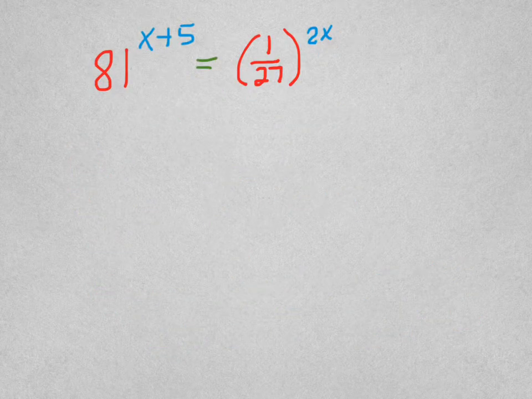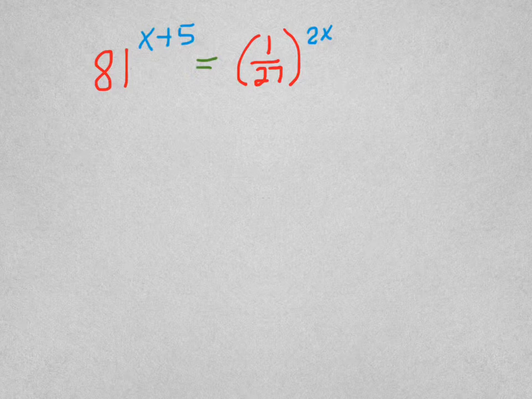Okay, here's a bit more complicated example. Notice we have on the right-hand side 1 over 27. Now remember, we can get a positive base here simply by putting 3 to a value that would give us 1 over 27.